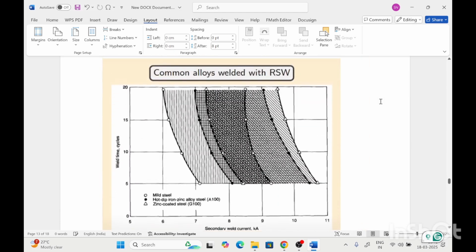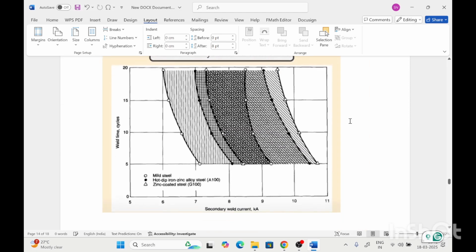So this is the graph of the common alloys welded with resistance spot welding. This graph is between the welding time and secondary weld current in kilo ampere.